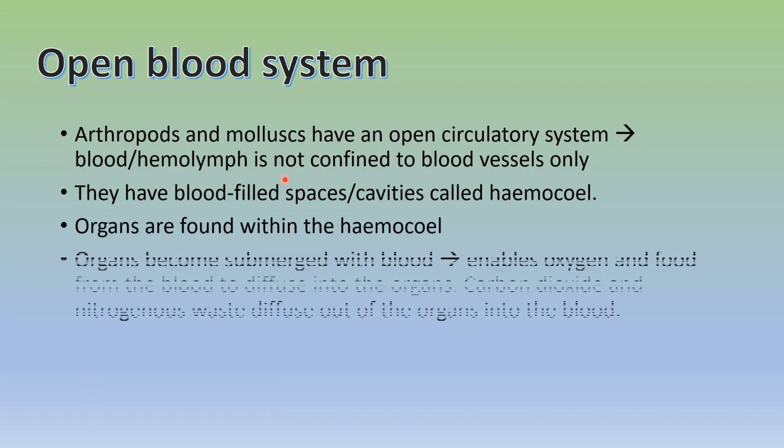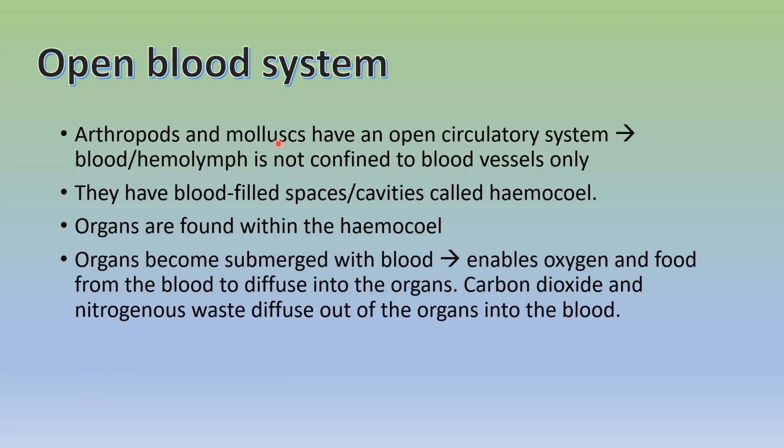With regard to our open blood system, arthropods and mollusks are just some examples that have an open circulatory system. In this system, the blood, specifically the terminology is hemolymph, is not confined to blood vessels only. At some stage it enters a blood-filled space or cavity called the hemocoel.